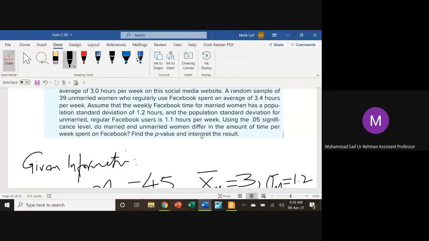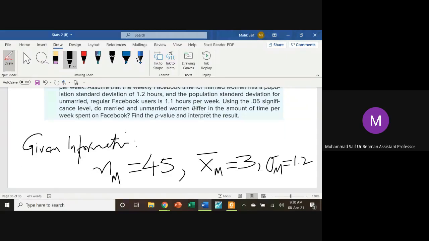Basically, we just want to know whether the times differ or not. As this word differ is there, we are not interested in more or less time. We are simply interested in knowing the difference in the times.